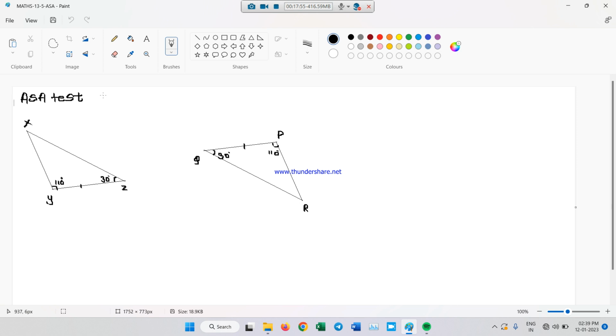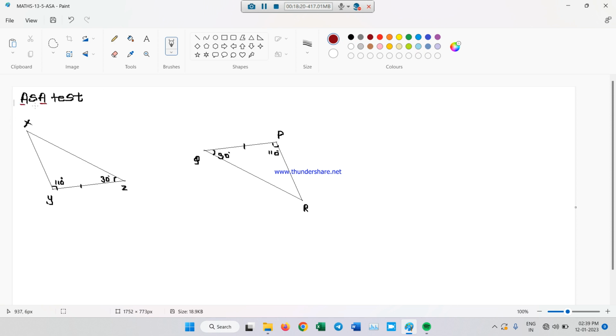Now let's talk about another test, that is the ASA test. As the name suggests, ASA means what? Two angles and one side. Two angles and one side of both triangles will be equal. So here I have given some values. You can find from these values, angle Y is 110, angle P is also 110.